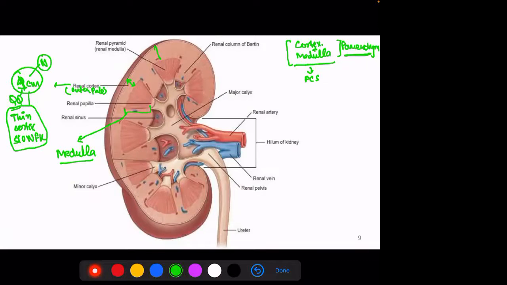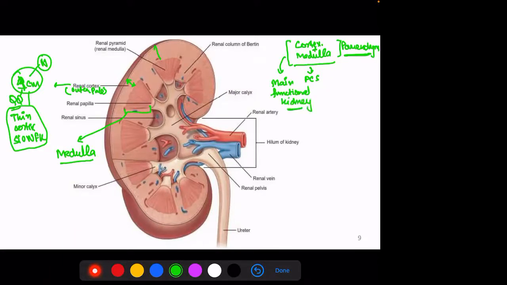What is parenchyma? Parenchyma is nothing but a combination of cortex plus medulla. This is the cortex, the outer part, and this is the medulla. Why is this important? Because this is the main functional unit of the kidney. The main functional unit of the kidney is the cortex plus medulla.